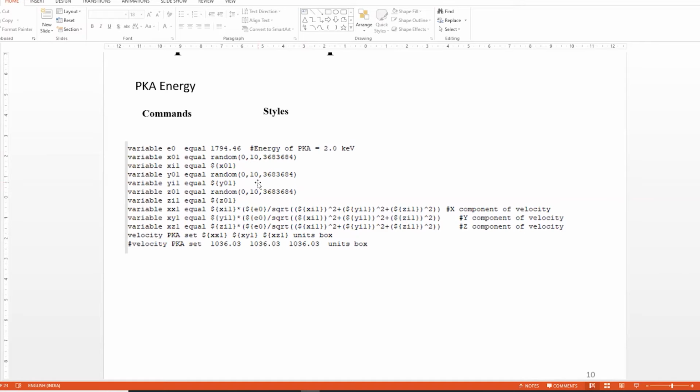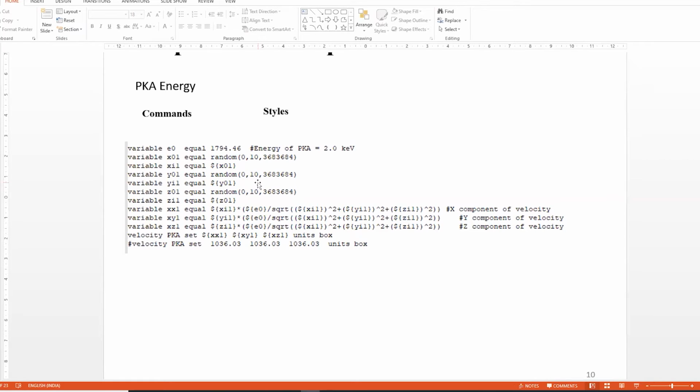So this carbon atom will knock out other carbon atoms successively. That is called a cascade: a radiation cascade, or irradiation cascade simulation. This is an irradiation scenario. Suppose you have some material, and radiation falls on that material.